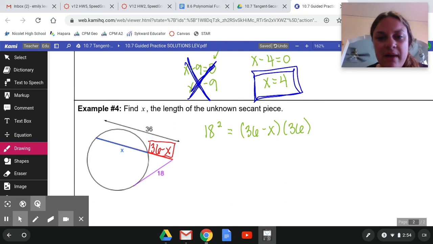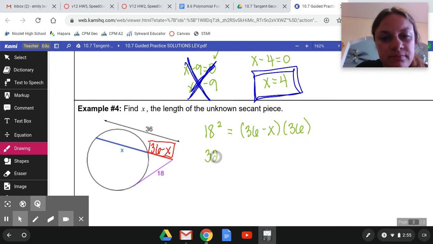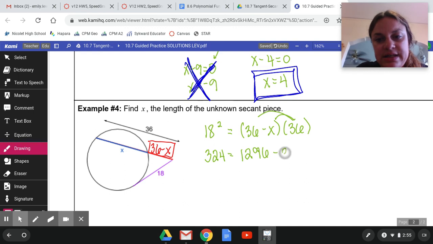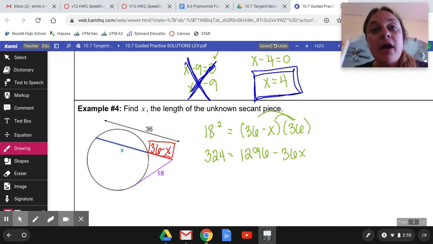Okay, so now I'm going to say 18 squared is equal to 324 is equal to, now I've got to distribute in this 36 here. So 36 times 36 is 1296 minus 36x. A couple different ways you could go about solving this algebraically here.